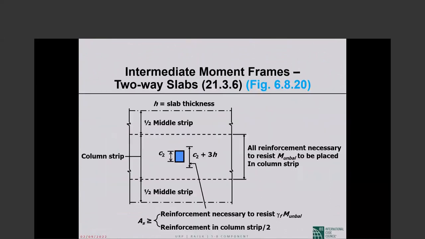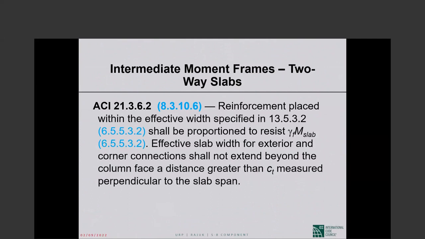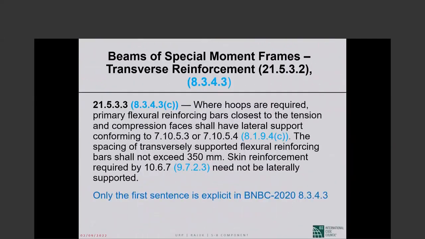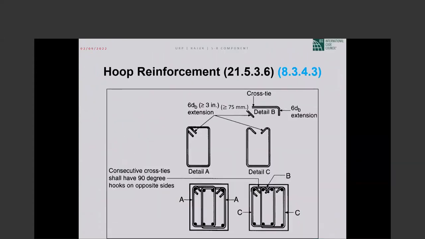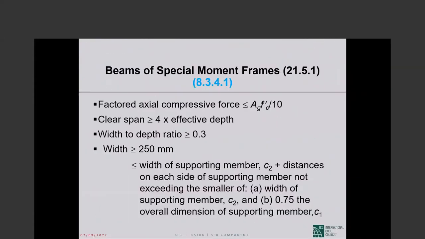There is no explicit minimum depth, but let me go to the code. Okay, so the width to depth ratio of the beam is larger than or equal to 0.3. Does that tell you anything?